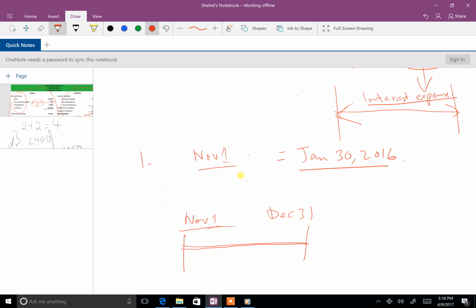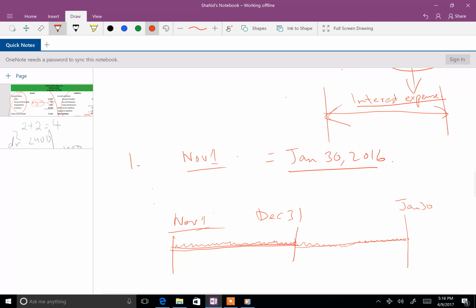And that $200,000 was tick tick tick, as the time was passing, you were accumulating interest, right? And this note is due on January 30th, and again, for each and every moment that you have this note, you have to pay interest.